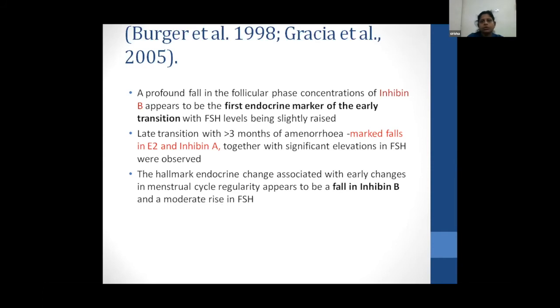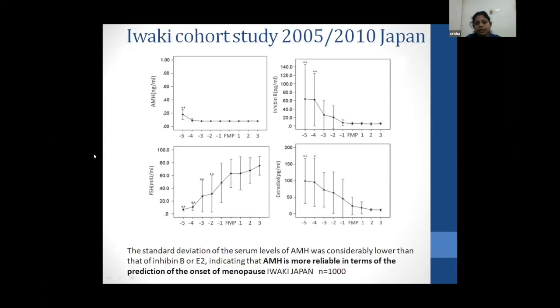This is another study from Japan, the Pradivaki study, done in 1,000 perimenopausal ladies, where they studied AMH, inhibin B, FSH, and estradiol. They found that the standard deviation of serum levels of AMH was considerably lower than that of inhibin B or estrogen, indicating that it is more reliable for the prediction of the onset of menopause.